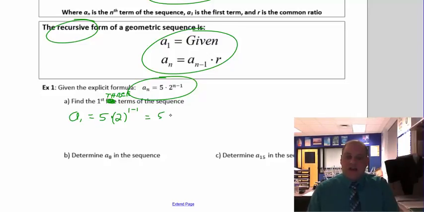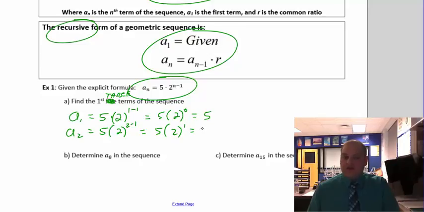So it's 5 times 2 to the 0 power. And 2 to the 0 power is 1. 5 times 1 is 5. A2 is going to be 5 times 2, that's in the formula, and then 2 minus 1. So it's 5 times 2 to the first.